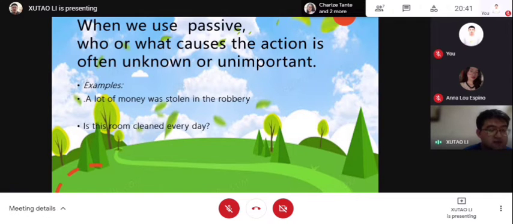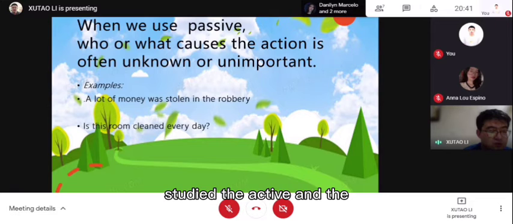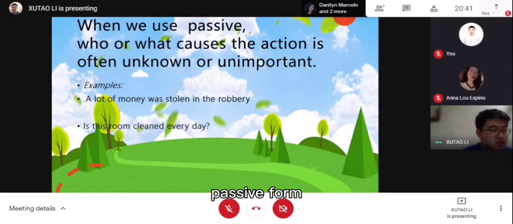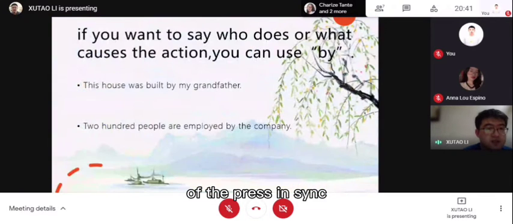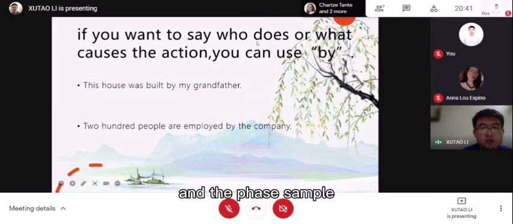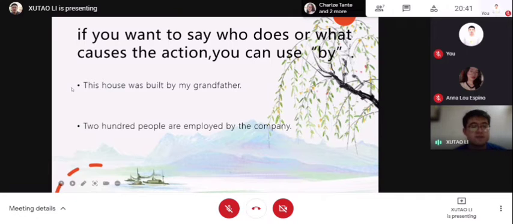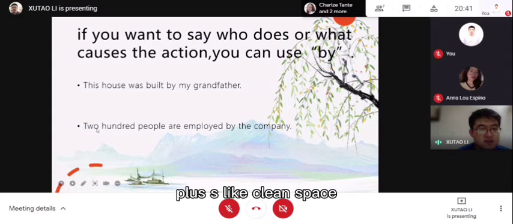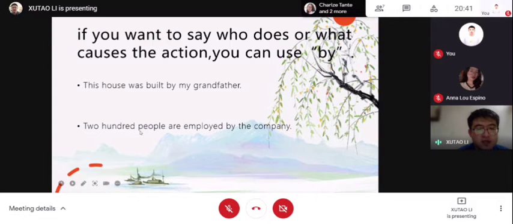We will study the active and the passive form of the present simple and the past simple. Here is present simple. For active, we always use verb plus s, like cleans, says.